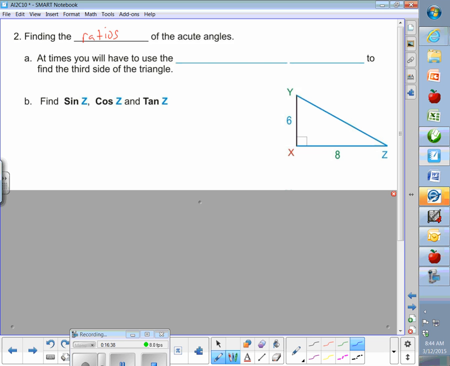So first off, something we already know to do. At times you'll have to use the Pythagorean theorem to find the third side of the triangle. All right, we already know how to do that.